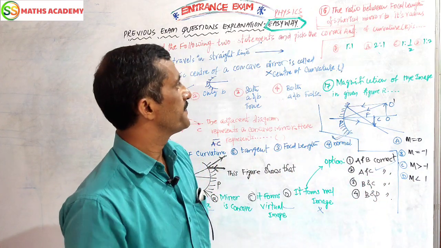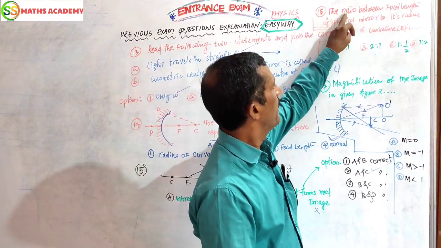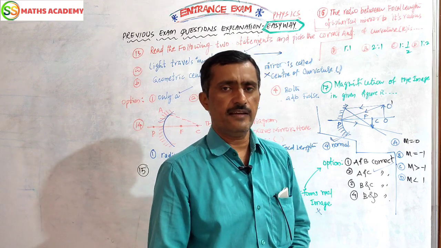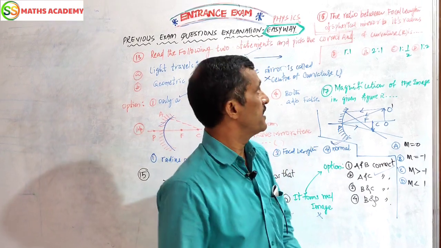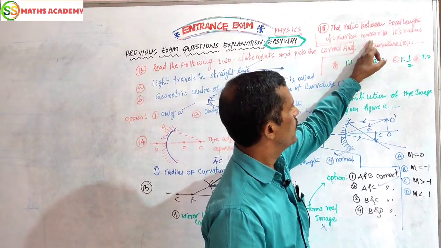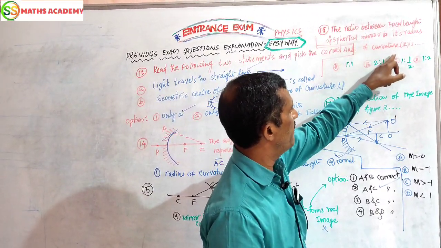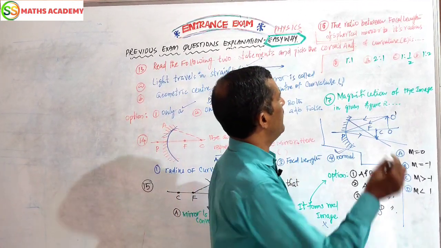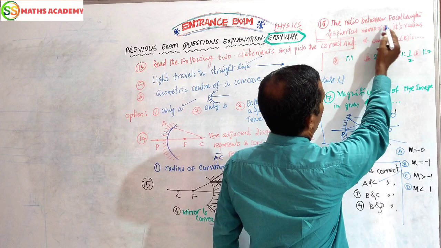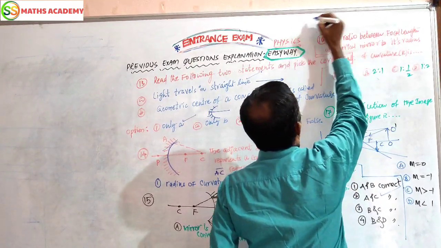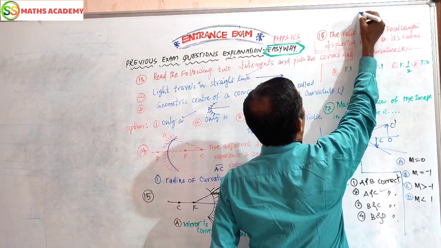Right. Now coming to one more very important question, which is based on the relation between focal length and radius of curvature. We have to find the ratio between the focal length of a spherical mirror and its radius of curvature.